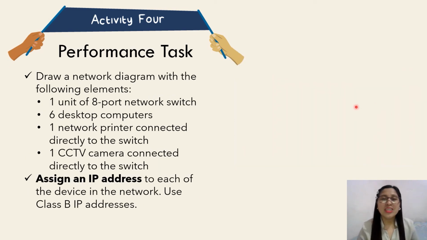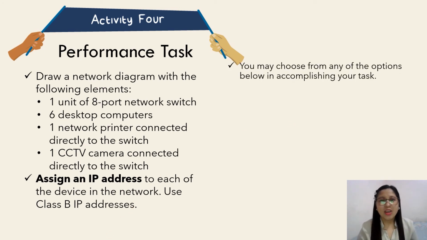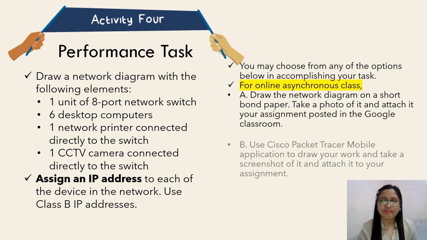In accomplishing this task, you may choose from any of the options below. For online asynchronous class, you may draw the network diagram on a short bond paper. Take a photo of it and attach it to your assignment posted in the Google Classroom.